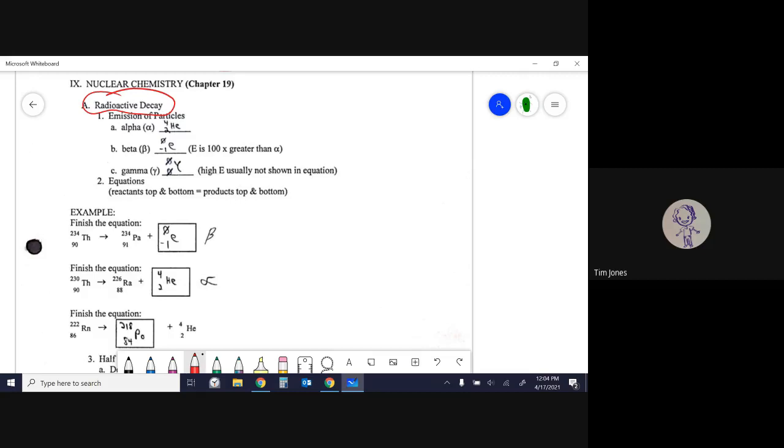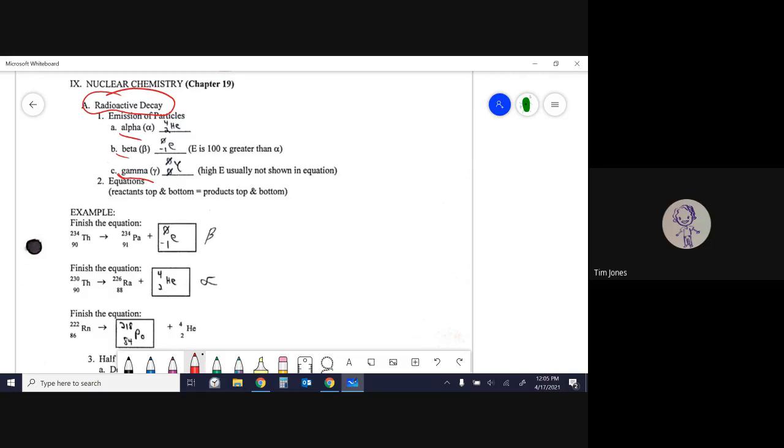Things are not happy in the nucleus for a variety of reasons, and so what they do is they start flicking things out. 3 common things that the nucleus can toss out are alpha particles, beta particles, and gamma. Now, gamma gets tricky. You can refer to it as a particle, or you can refer to it as energy or a wave. And this starts to get into the weird world of quantum mechanics and physics that we're not going to get into right now.